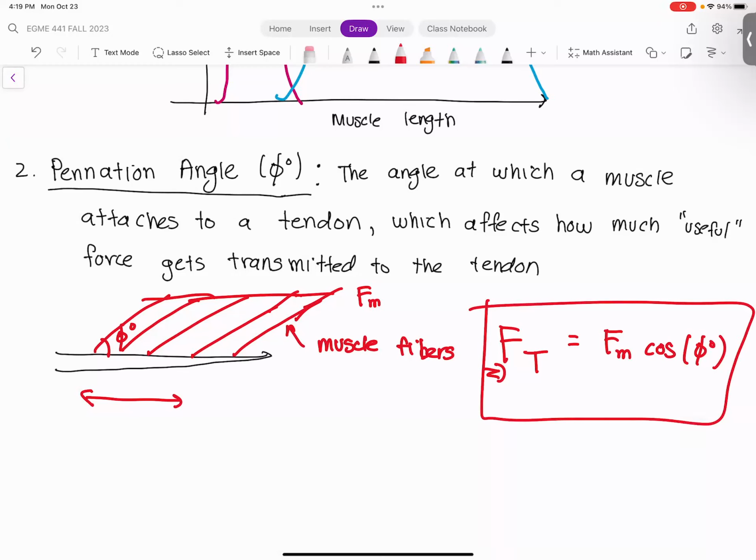In other words, the only useful component of the force is only FM times cosine of that angle.